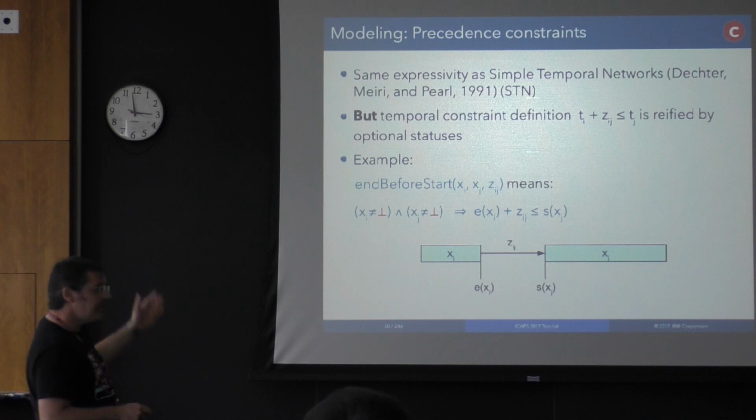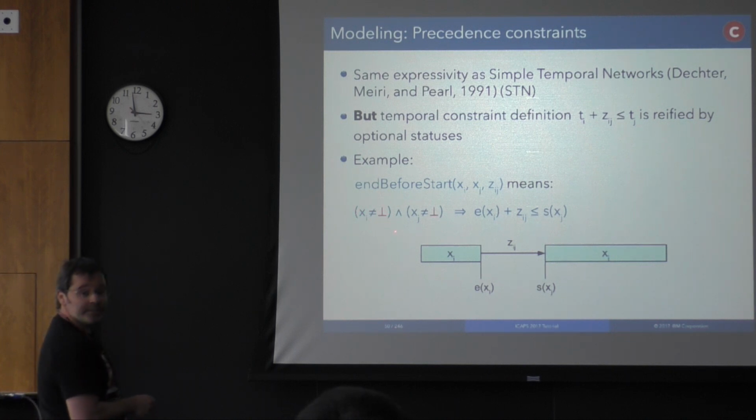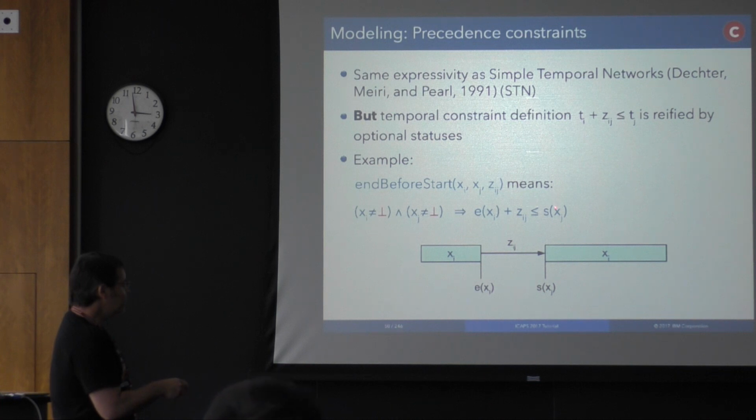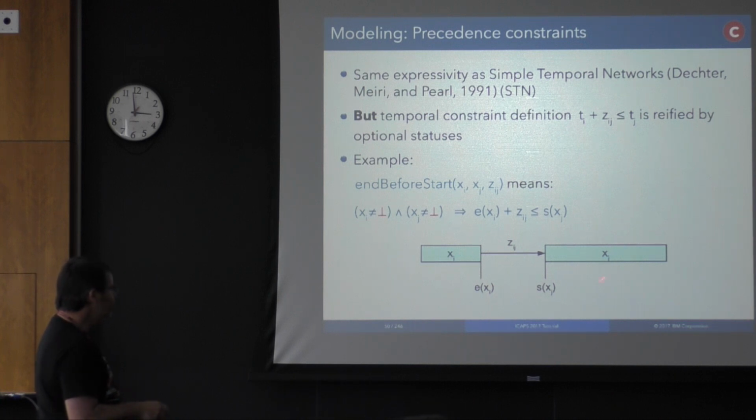The semantics of this constraint say that if x is not absent, so if both intervals are present, then the start time of y must be greater than the end time of x plus the delay. We will represent this using this kind of picture.